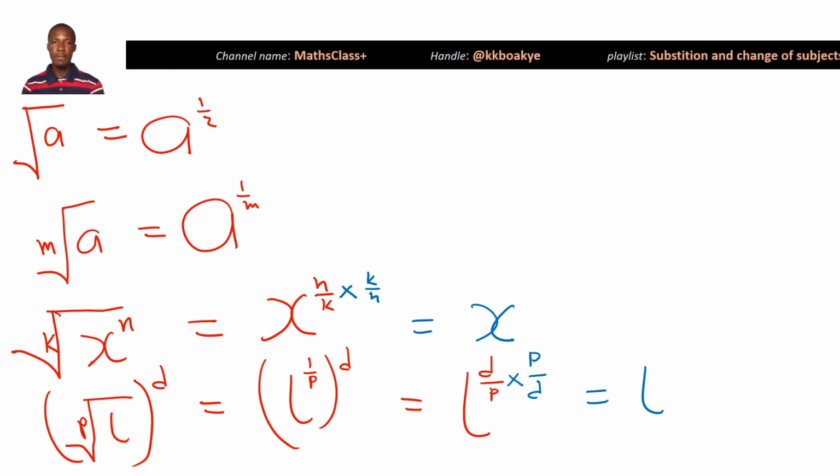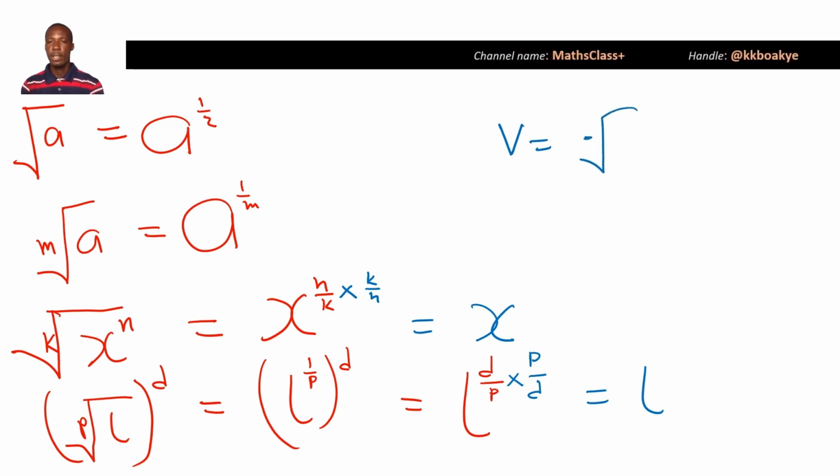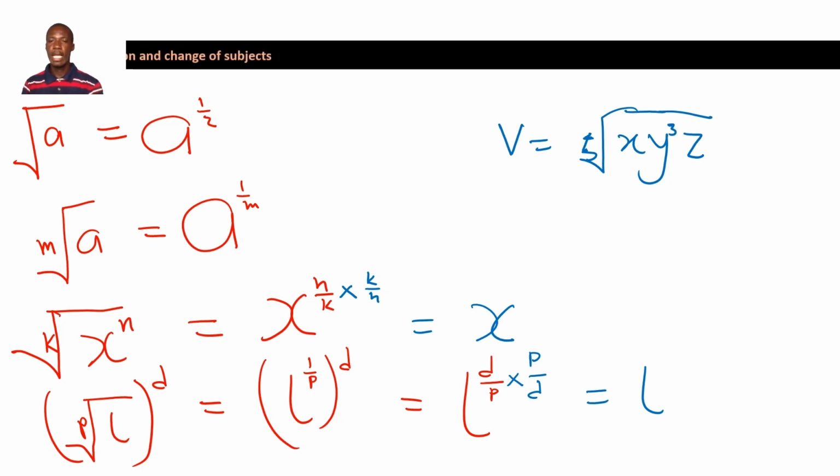And so don't be confused if you are given an expression like V is equal to the fifth root of x, y to the power 3, z. And then you are asked to make y the subject. Don't be confused. First of all, get rid of the radical, which you can easily do. Once you do it on the left side, remember to also do it on the right side.